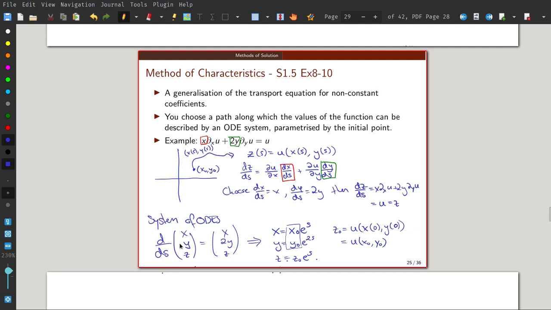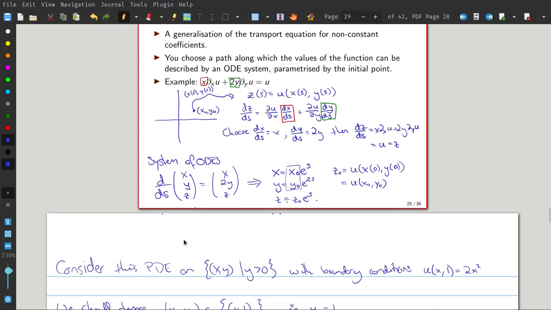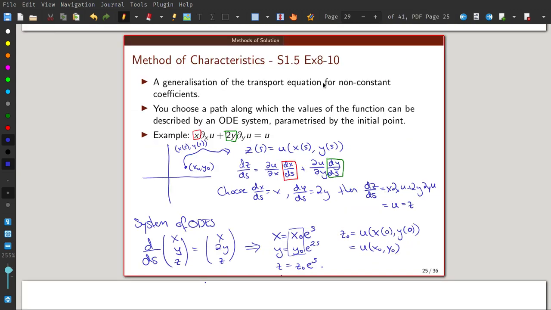And then instead of having a system of n plus 1, so here we have 2 dimensions of space plus the function, if you have a nonlinear problem, then you need these p variables as well, and then you end up with a system of 2n plus 1 ODEs. But all first order PDEs can be solved by this method of characteristics as well, for you to practice with.